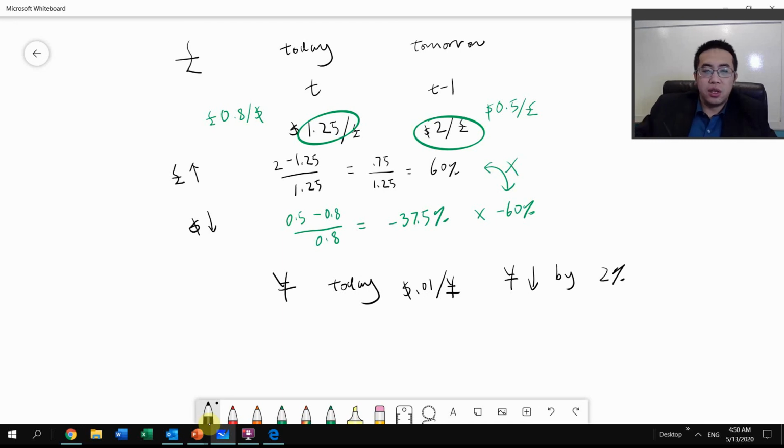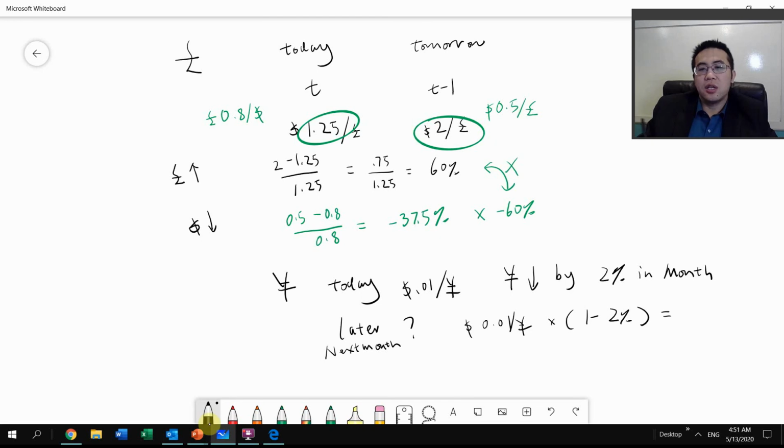So what's the rate later, let's say in 1 month, next month? You will need to use today's rate, or the earlier rate, multiplied by 1 plus the amount of change, which is negative 2%. So this would give you $0.0098 per yen.